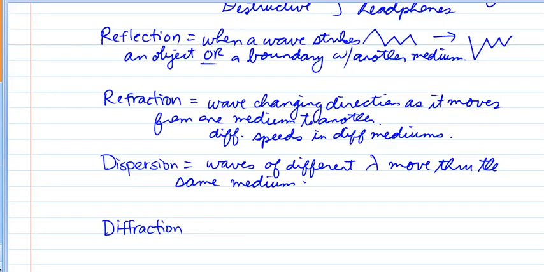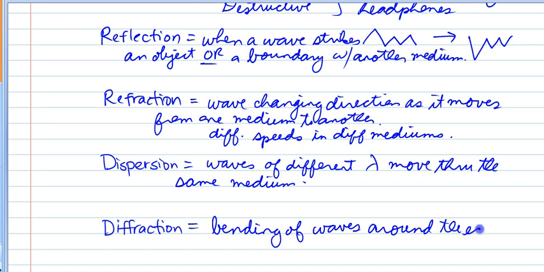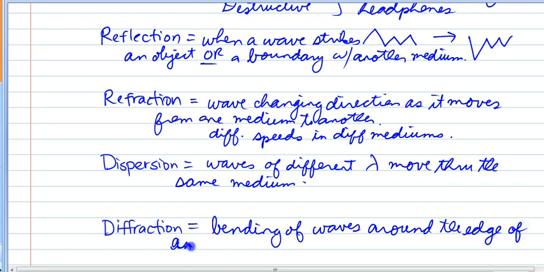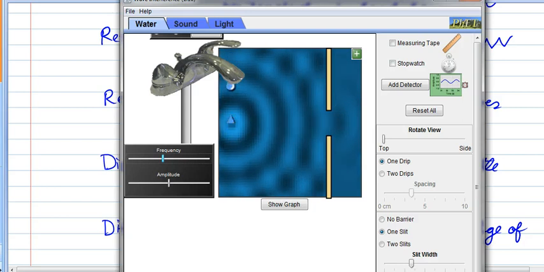Okay, and finally, diffraction is the bending of waves around the edge of an object. And we're going to be playing with this simulation that I'm about to show you. So this is a ripple tank, okay?